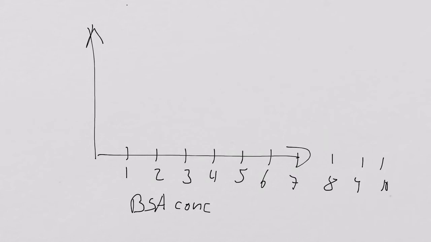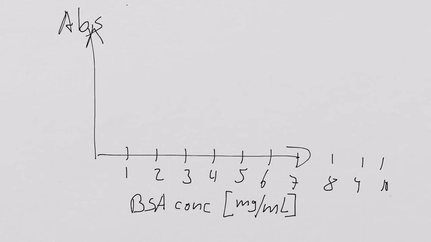So you need to label your axis, and this is in milligram per milliliter. Needs the unit. A graph without a unit is like a party without booze. You just don't do it. I was about to say something more sinister, but you know, you're all young and impressionable, so I'm not saying these things. And on the y-axis, you measure the absorbance.